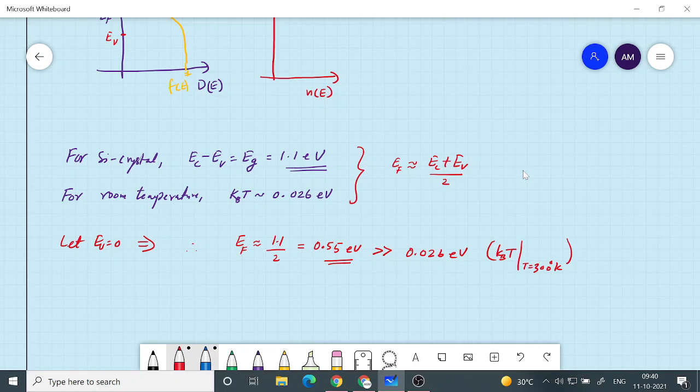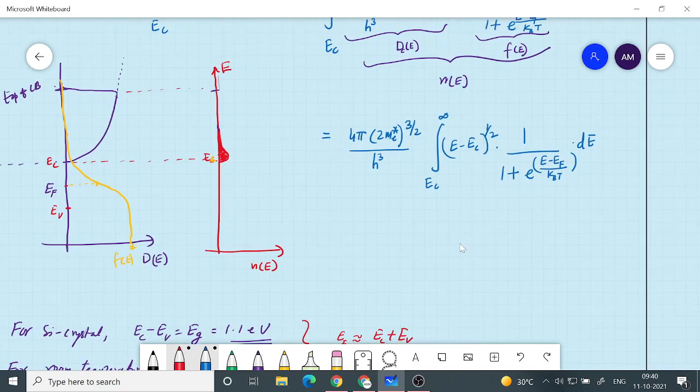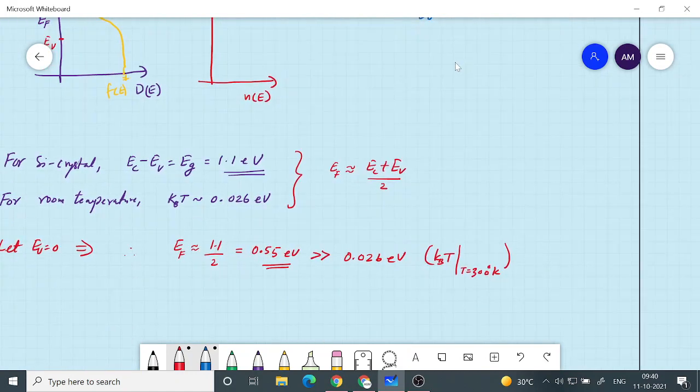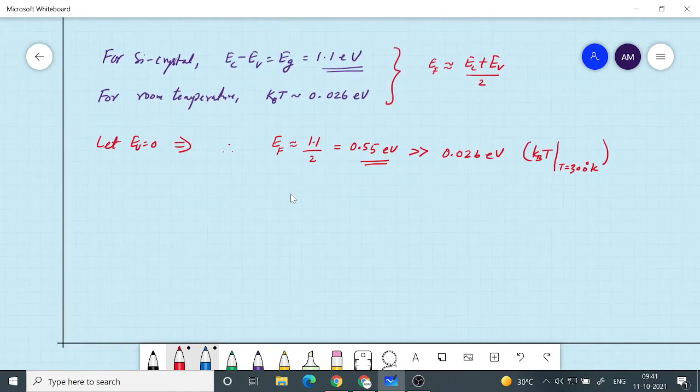So at room temperature, our KBT value is 0.026 electron volt and EF is basically 0.55 electron volt.